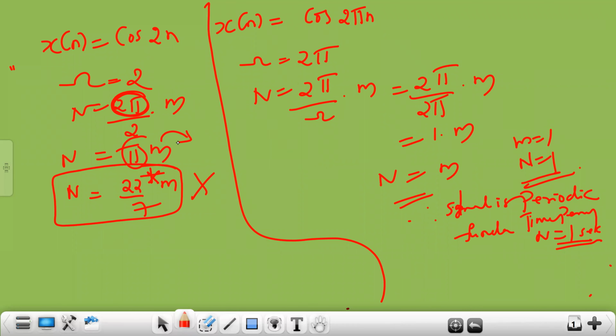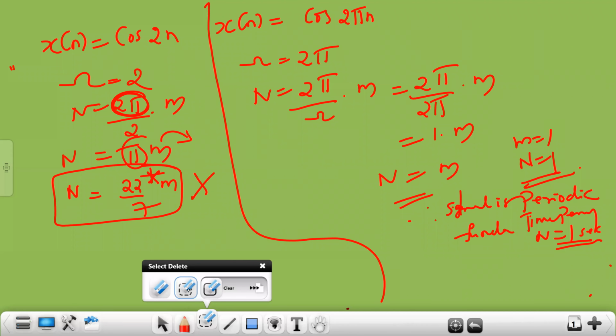Please don't replace pi as 22 by 7 because here pi is in radians. It is not 3.14 or 22 by 7. It is equivalent to 180 degree. Clear? 2 pi is 360 degree. It is not 3.14 or 22 by 7 as you think.